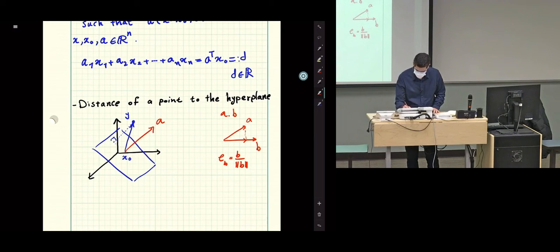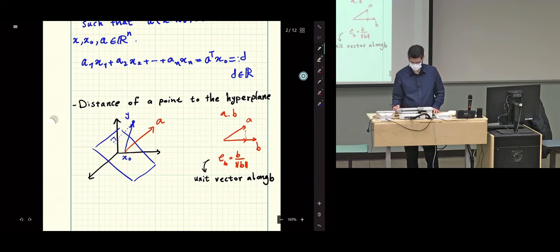And that's the unit vector along B. This means if I give you any vector, you just want to use the direction. You don't want the magnitude.